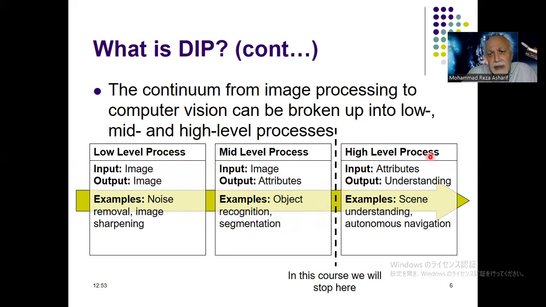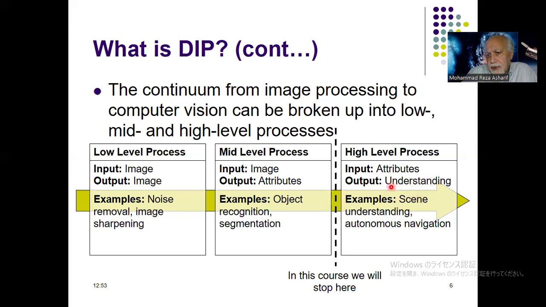Very high level processing: the input is attributes, and the output is understanding, like a human being understanding that this image contains a head of a dog or a cat, or some other understanding.